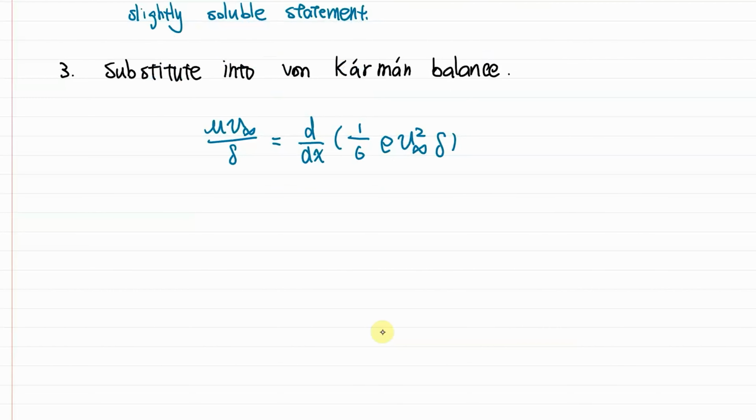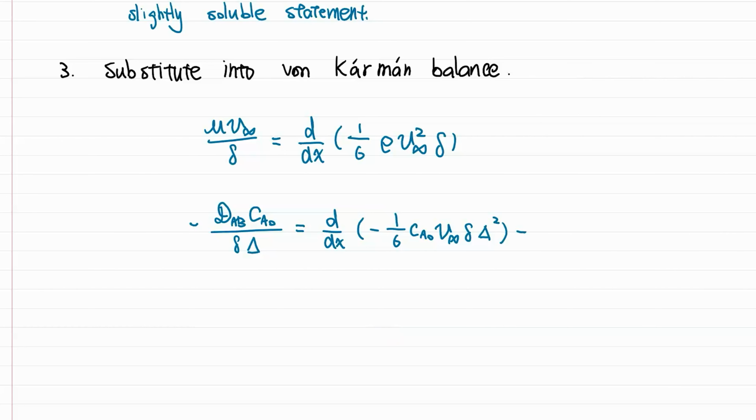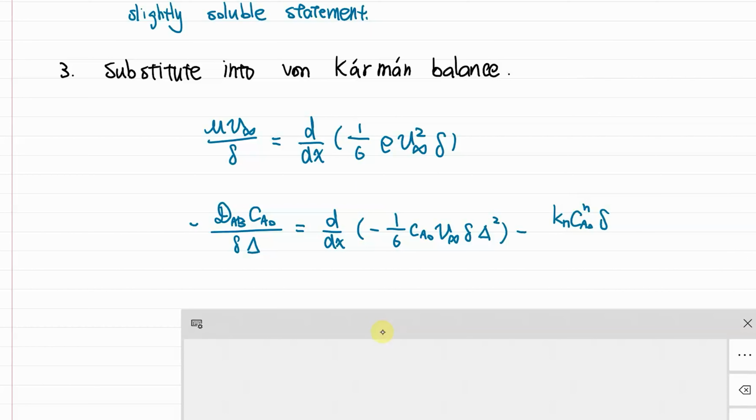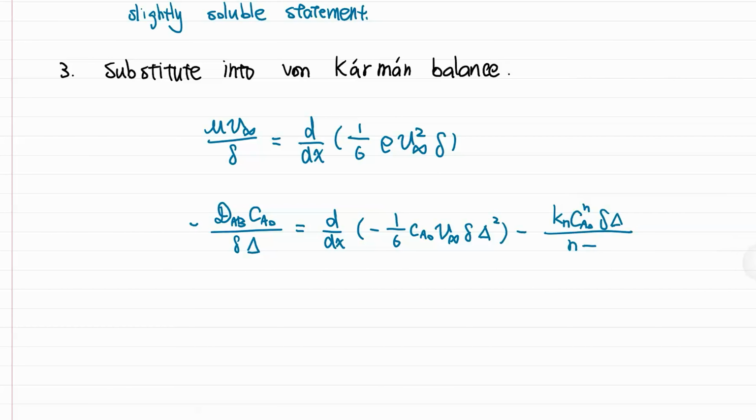And for the concentration we have negative diffusion coefficient times Ca naught over delta times capital delta, which is delta sub c, equals d over dx of negative 1/6 times Ca naught v infinity delta times capital delta squared, minus the reaction term, Kn Ca naught to the nth power times the diffusional boundary layer thickness over n plus 1.